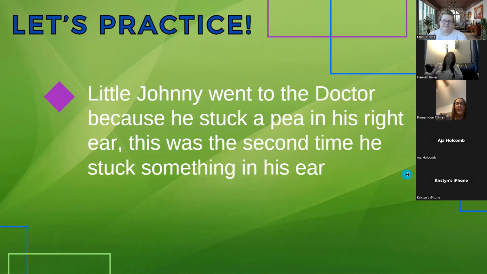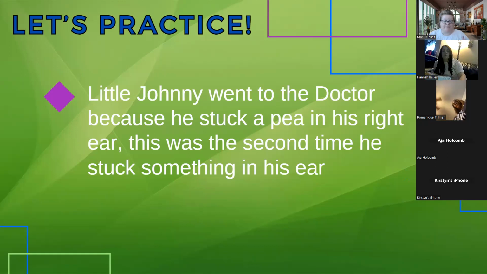All right, so here's a little tip on this one. Anytime you have anything stuck in a body part, whether it's stabbed in, whether they ate it, whether they stuck it up their nose, in their ear, in their butt, whatever that object is, it's considered a foreign body because it does not belong in the human body.